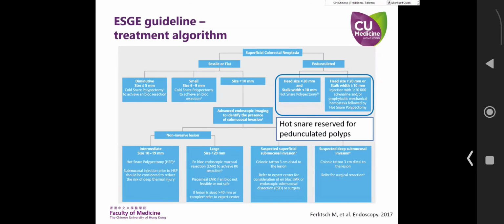So again, hot snare nowadays should be reserved for pedunculated polyps. There are some groups investigating the use of cold snare in these pedunculated polyps, but it may end up with a lot of immediate bleeding. So I personally will still stick to hot snare for pedunculated polyps.